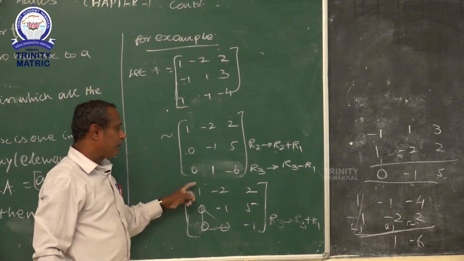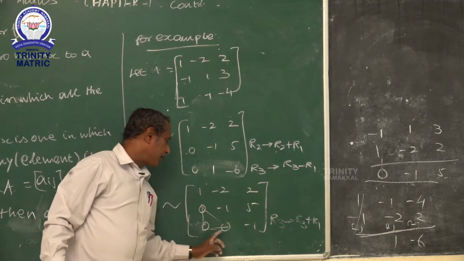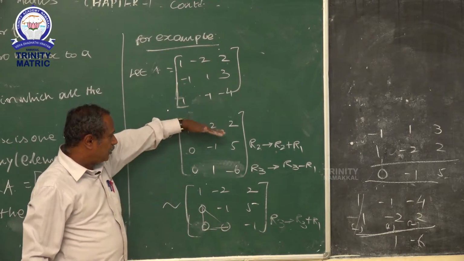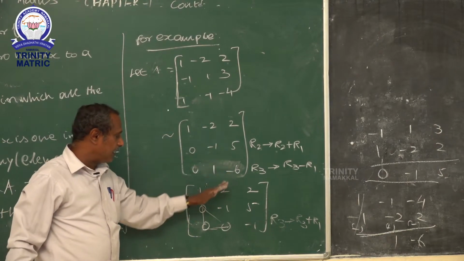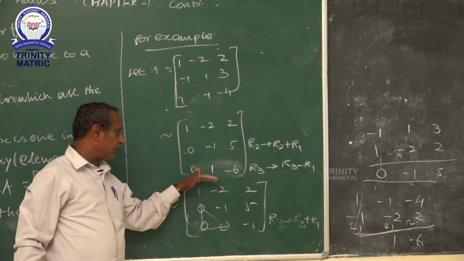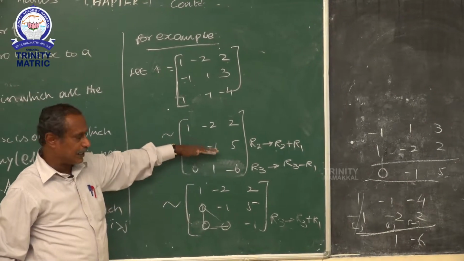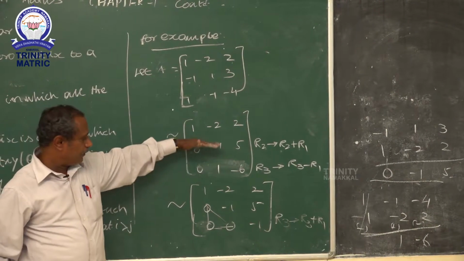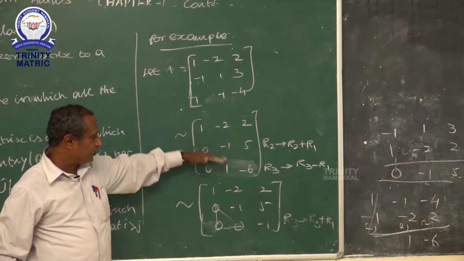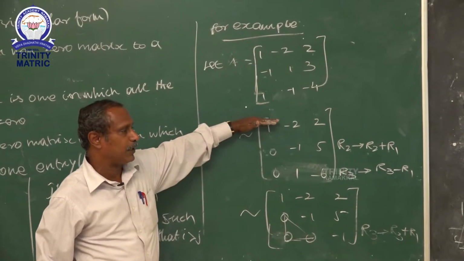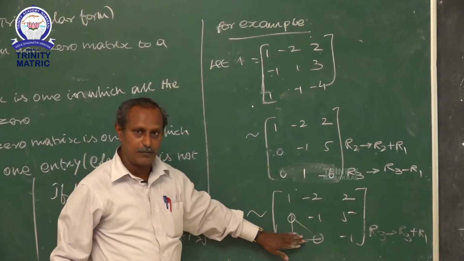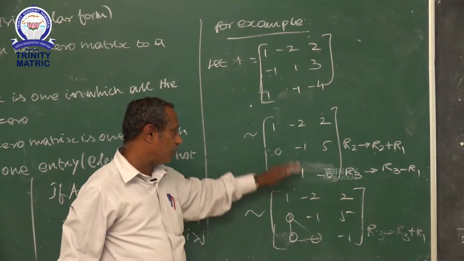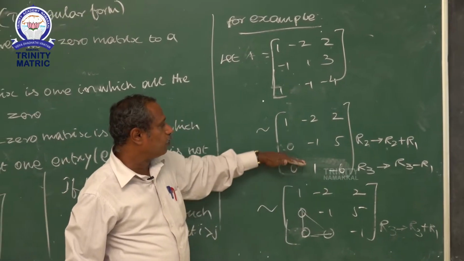Same way we continue, and we want to form the triangular form. The first row stays as it is, and the second row we can keep as it is. In the third row, the second element should be 0. For that we move to the second row and third row. We don't move to the first row, because A31 is already 0.